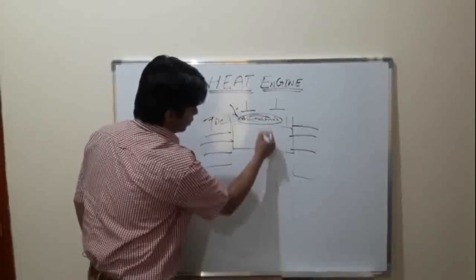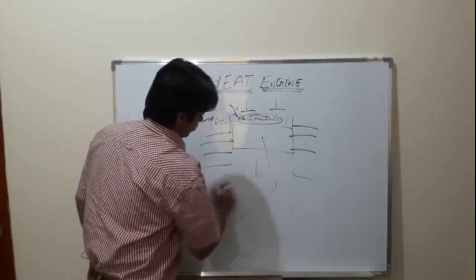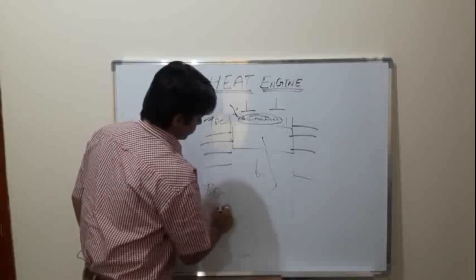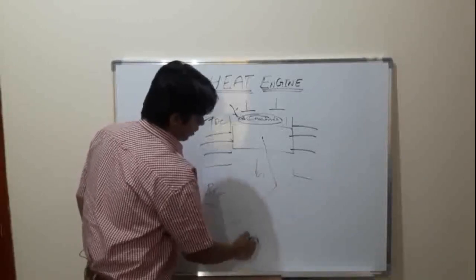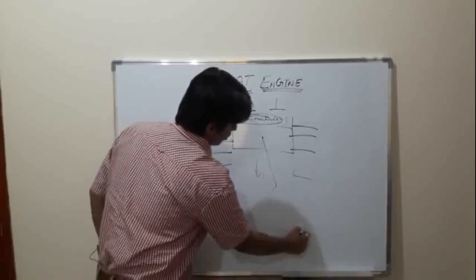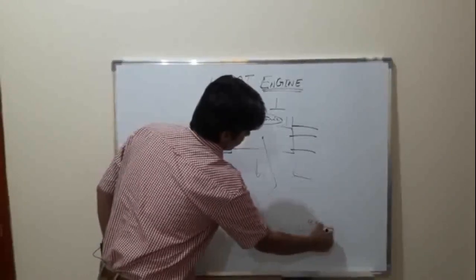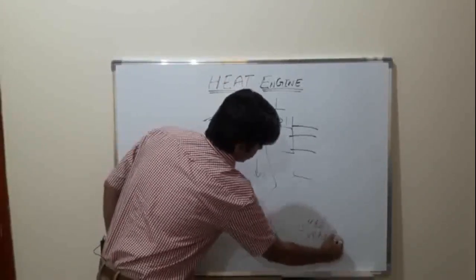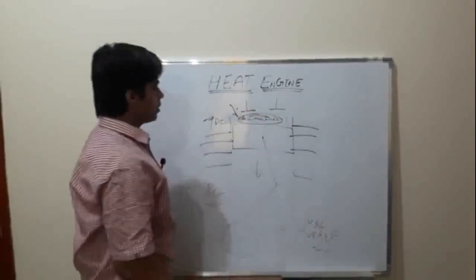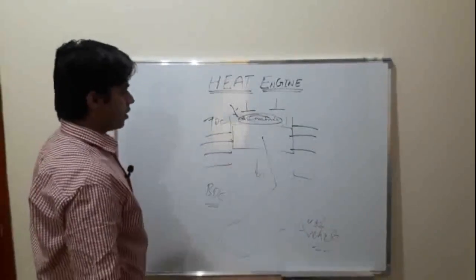The piston is then allowed to move back to bottom dead center, so that the mechanical energy is converted and you can utilize it for the vehicle. This is the basic block diagram of an internal combustion engine.